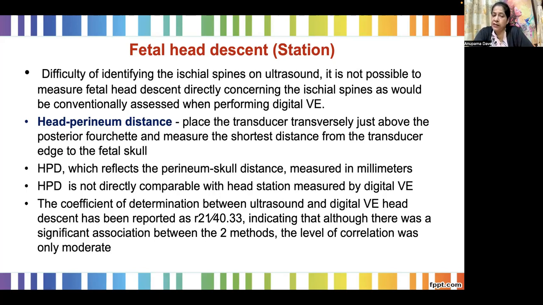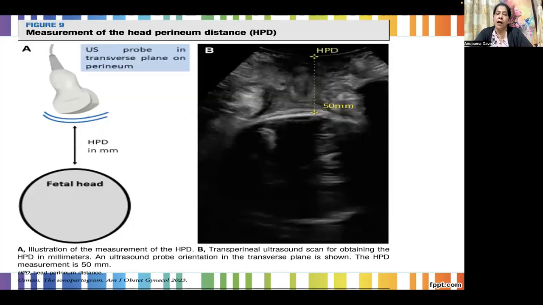Head perineum distance is not directly comparable with head station measured by digital vaginal examination. The coefficient of determination between ultrasound and vaginal examination for head descent has been reported, and this indicates that although there was a significant association between the two methods, the level of correlation was only moderate, because different methods are being employed in both of them.